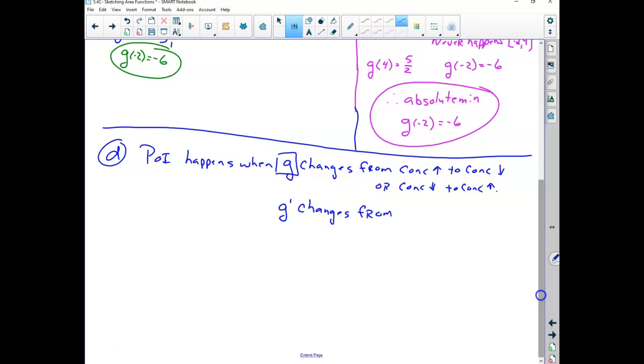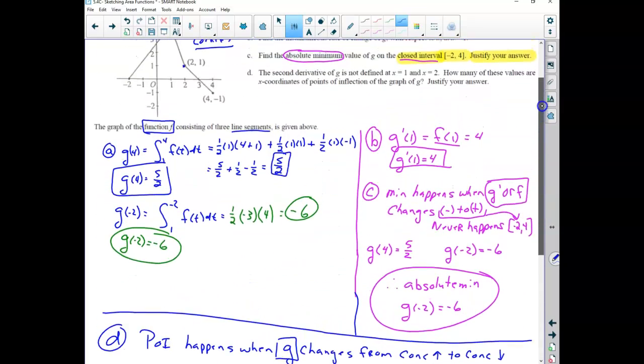from increasing to decreasing, or decreasing to increasing, doesn't it? Okay, if I change from concave up to concave down, increasing, now I'm decreasing. Decreasing, now I'm increasing. Right? What am I getting at here? Well, we're going backwards.